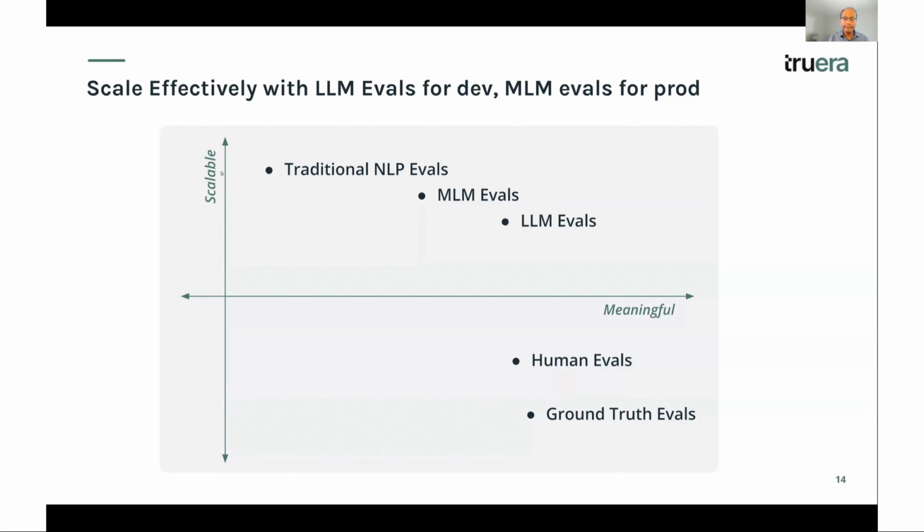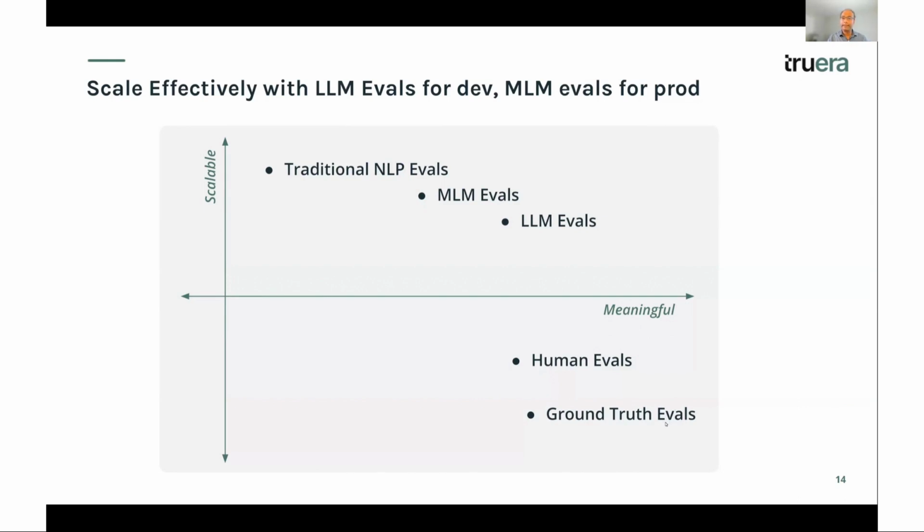On the y-axis is how scalable it is. As the number of prompts and responses increases, how easily can you scale these evaluations and monitoring components. In practice, what we find is that it's useful to have this entire array of classes of evaluations.